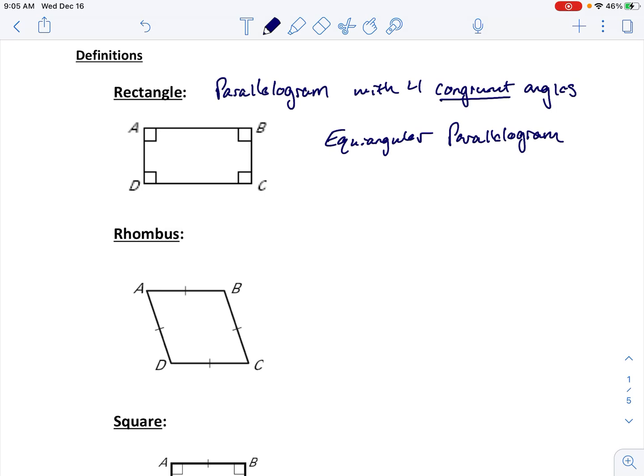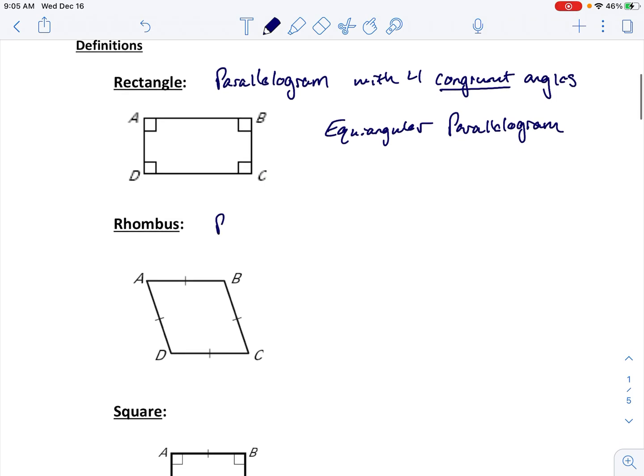So that's going to be important because when we talk about rhombus, I see a little bit more of a struggle of describing what a rhombus is. Please don't say slanty square. That's something we might say when we first get introduced to it in elementary school. But it's actually really simple. If you think of a rectangle as a parallelogram with four congruent angles, notice I'm starting the same way here.